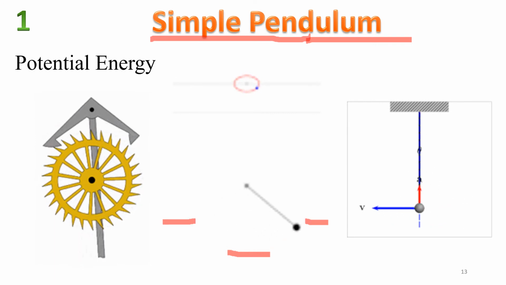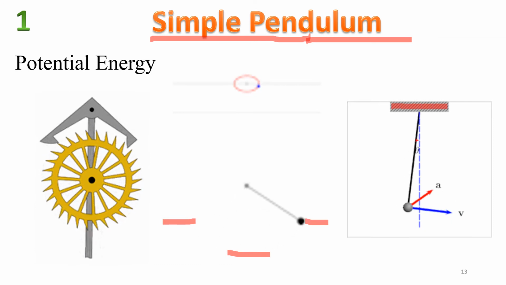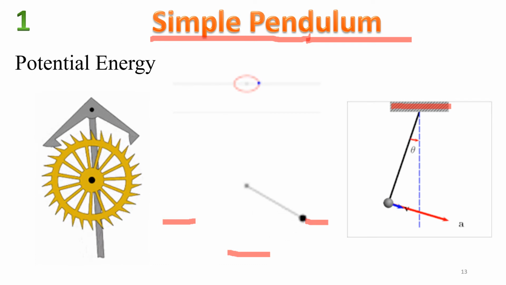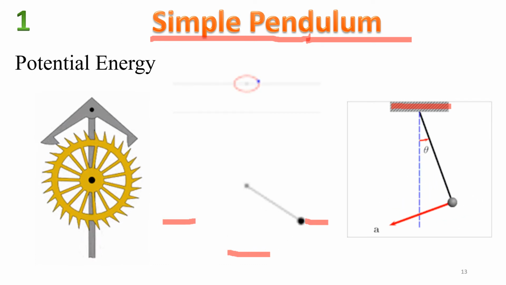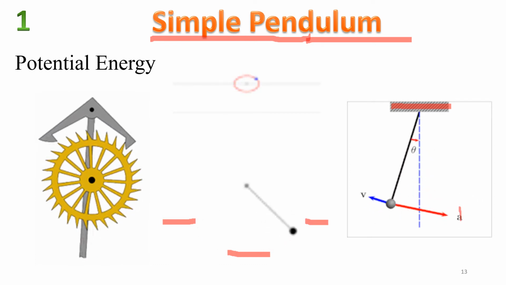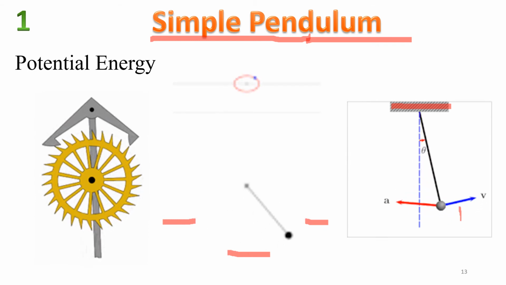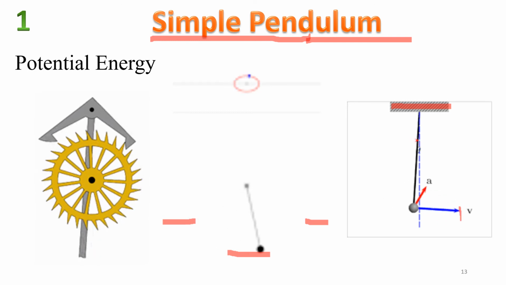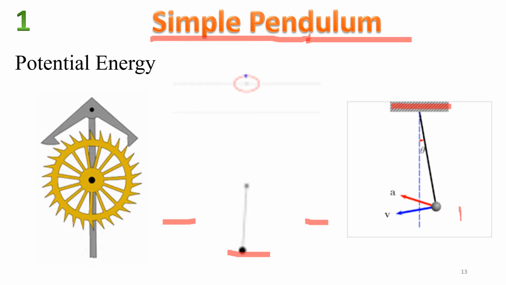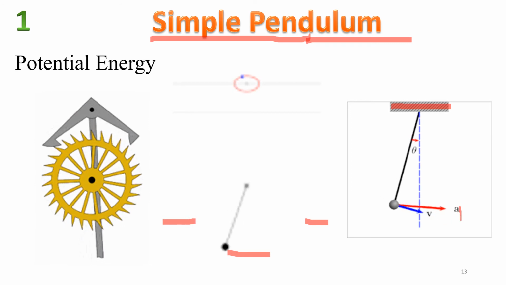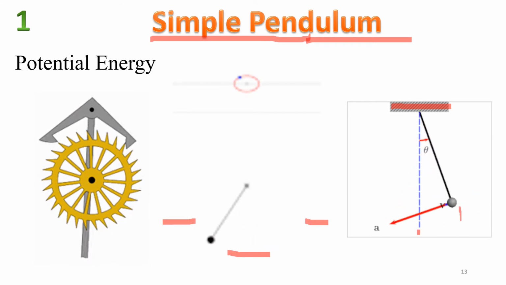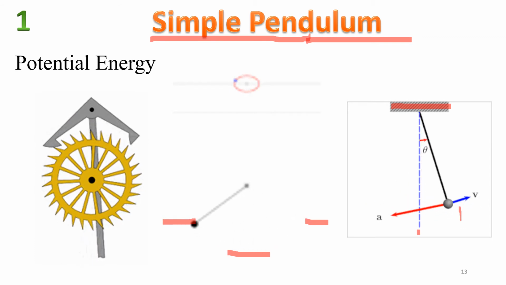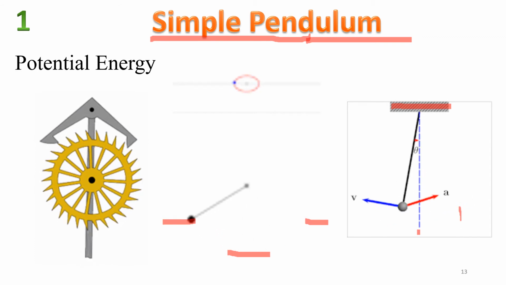So in this diagram, this is the rigid support and the bob is oscillating, and you can chart velocity. Velocity becomes minimum at the extrema, so you can see the vector vanishing, and acceleration becomes maximum at the extrema. Velocity becomes maximum in the mean position, while the acceleration vector becomes zero at the mean position.